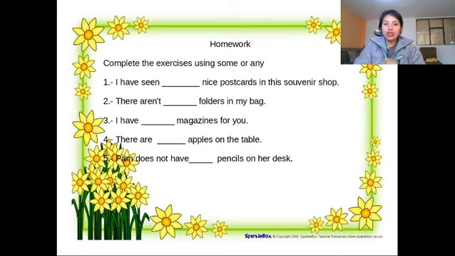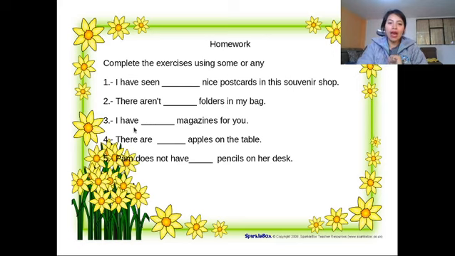Now, this is your homework, my dear students. Complete the exercises using some or any. As you can see here, number 1, I have seen some nice postcards in the souvenir shop. Now, number 2, there aren't, the space. We have to use some or any, folders in my bag.